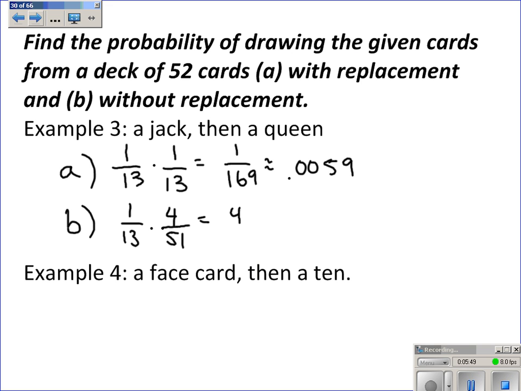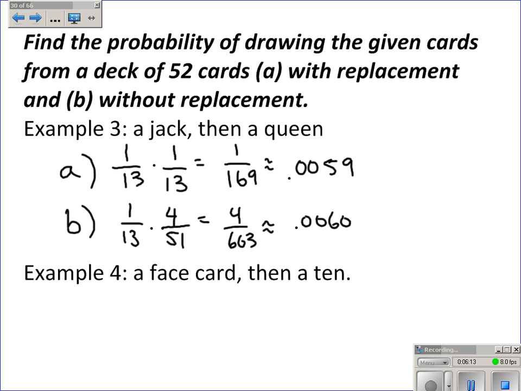So we have 4 out of 13 times 51, which is 663. As a decimal, 4 out of 663 is 0.0060. So it changes slightly with or without replacement.